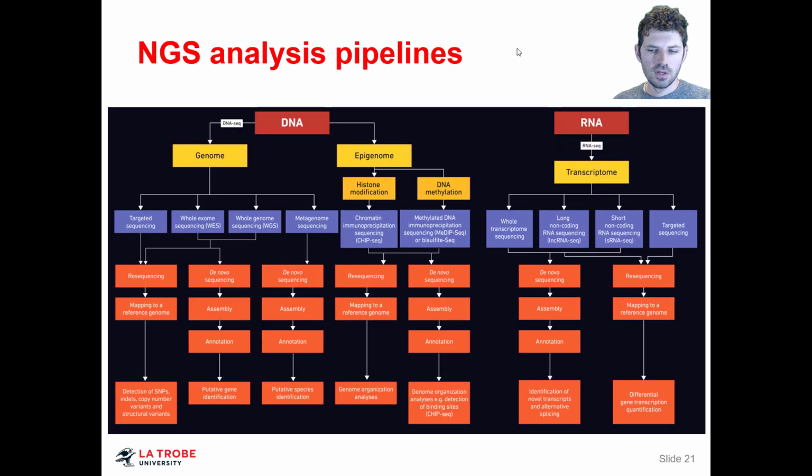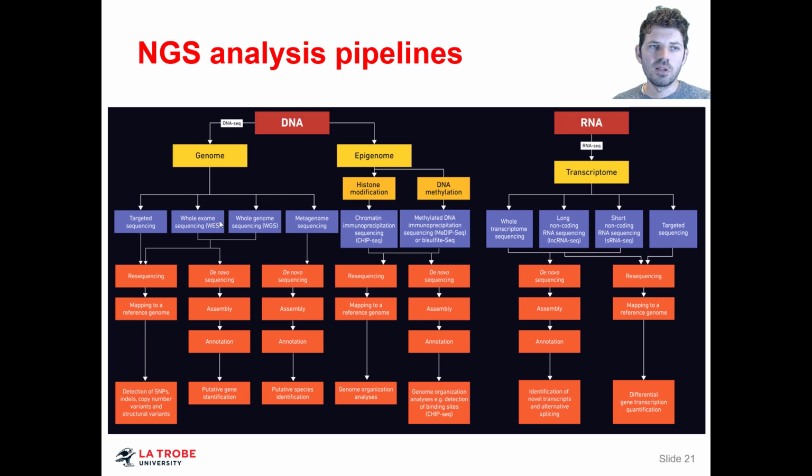So just to summarize this whole lecture, here's an image that shows different ways that next generation sequencing can be analyzed at either the DNA or the RNA level. Depending on whether you wanted to do some targeted sequencing, this is basically sequencing your sample versus reference, mapping to a reference genome, and detecting new SNPs, indels, copy number variants, etc. You might only be interested in exomes rather than the non-coding parts of the genome.